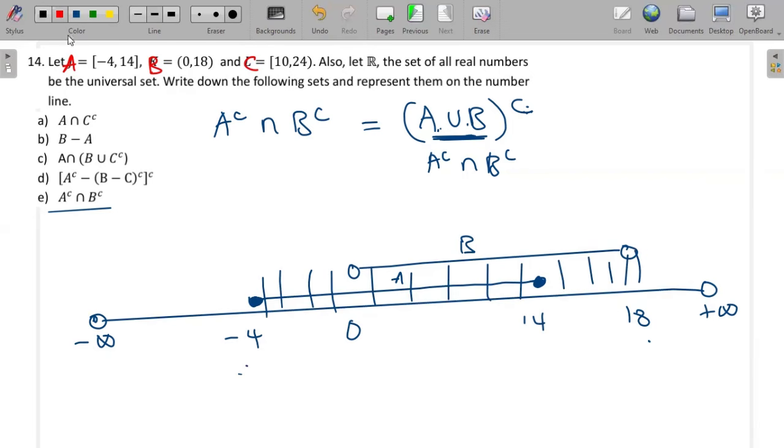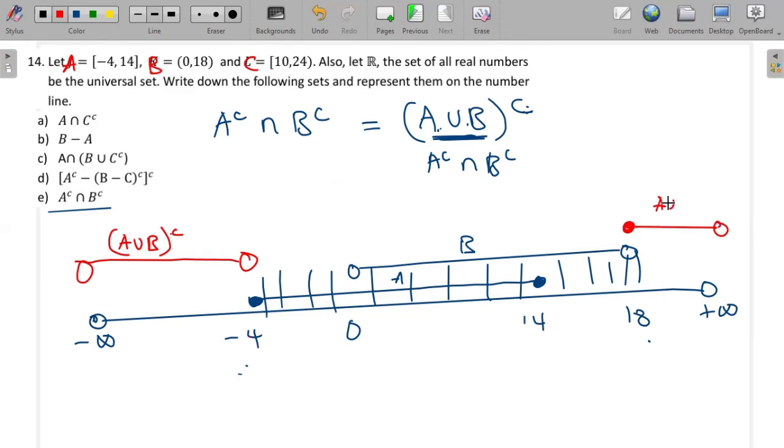So to find the complement now, I come to the end points. The minus 4 is in the union, so it won't be in their complement. So this will be the first part of A union B complement. The other one will start at 18. So 18 is not in the union, so it will be in their complement. Then you go to positive infinity.